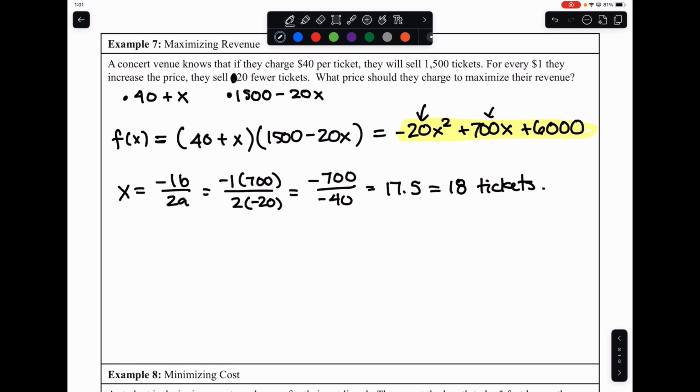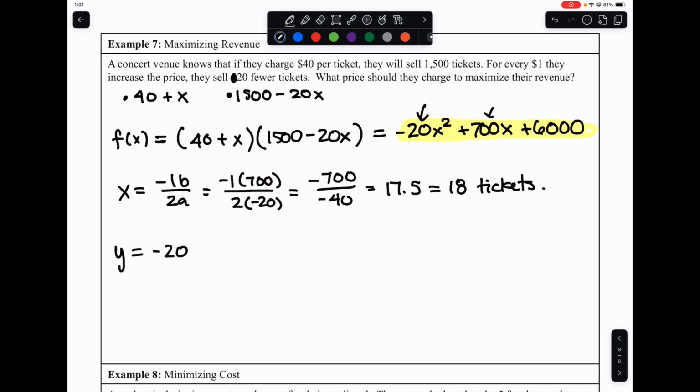So now let's see what that maximum value is going to be. We have y, we're going to plug in that 18 into the function.